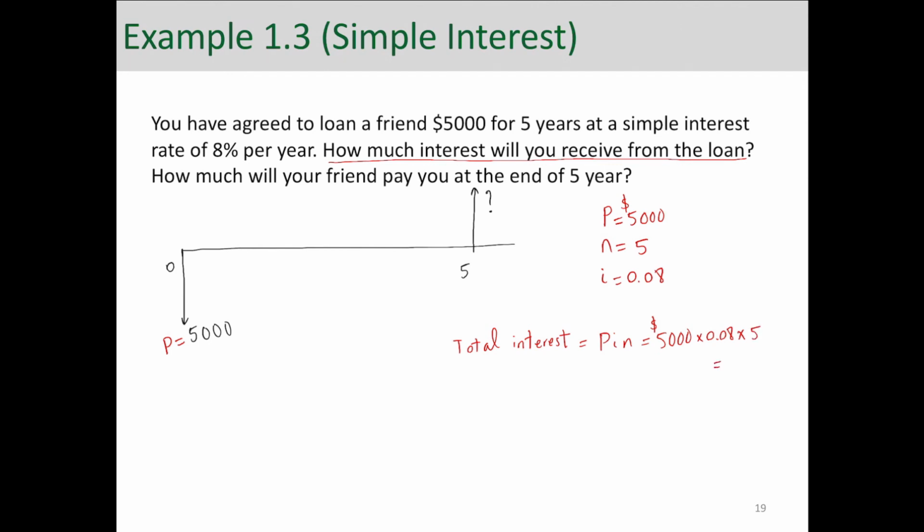So you will receive $2,000 in interest. And the total money that you would collect here at the end of year 5 will be your principal plus interest, right? So your principal was $5,000 plus the $2,000 interest, you will receive $7,000. That's how simple interest works, and it's pretty simple. In the next video, we'll be talking about compound interest rate.